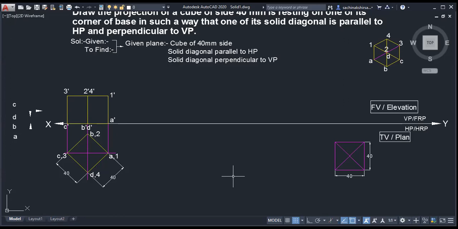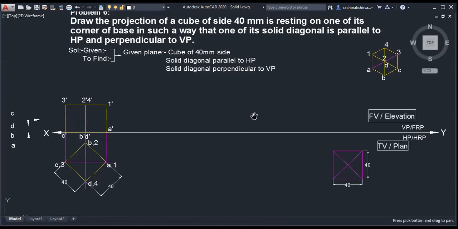Okay, so in the first case, if we take any one we have to target now. Right now we have drawn, on which corner is this particular solid lying?